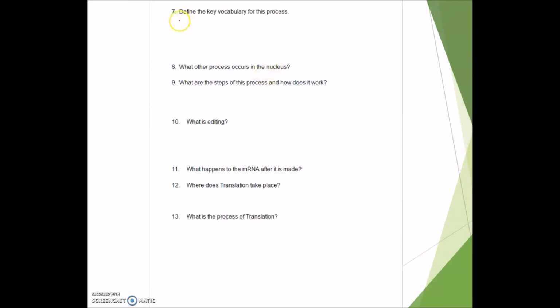So key vocabulary, definitely know what DNA polymerase is. Need to know that, and it's going to build and edit DNA. Need to know what helicase is, and it's going to unzip DNA.